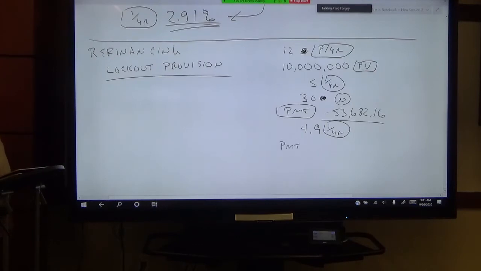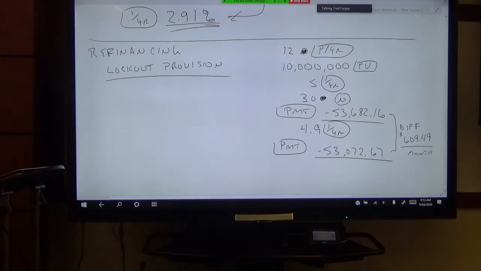So let's see what your revised payment would be. Okay, so the difference between these two, basically a difference of $609.49 a month.